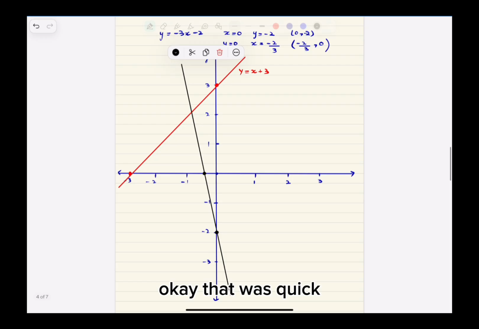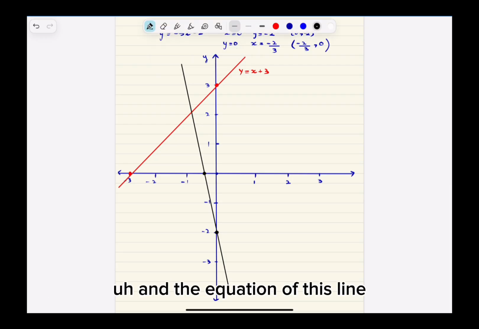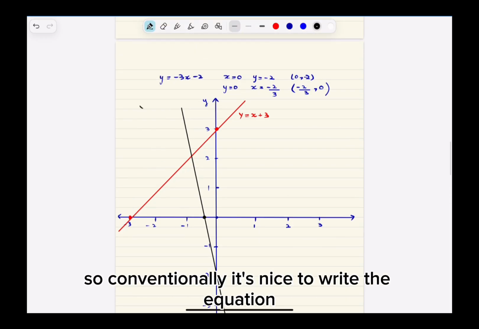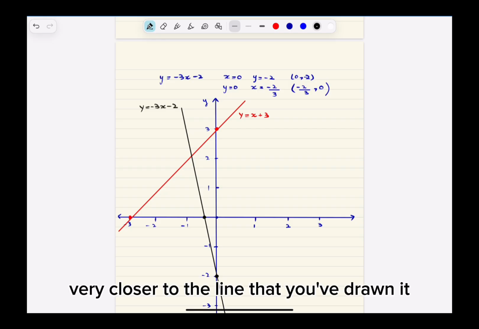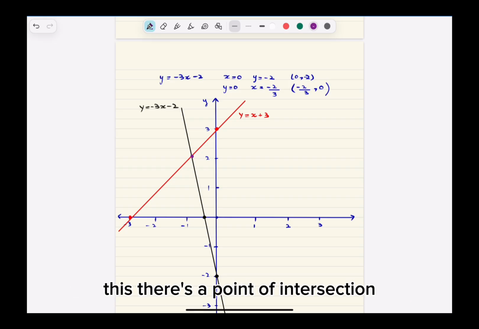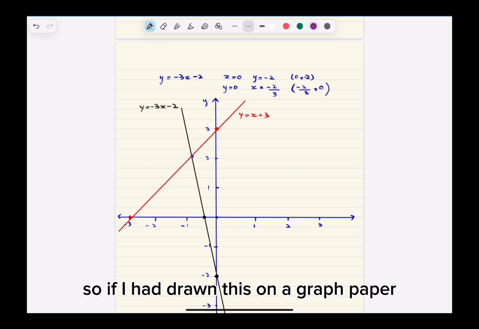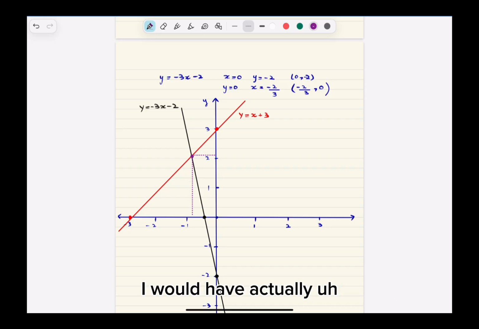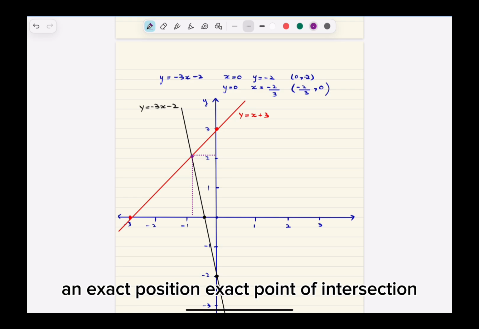Okay, that was quick. And the equation of this line, so conventionally it's nice to write the equation very close to the line that you've drawn. And we can see that there's a point of intersection. If I had drawn this on graph paper, I would have gotten an exact point of intersection.